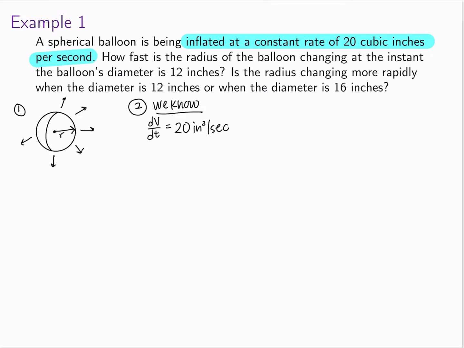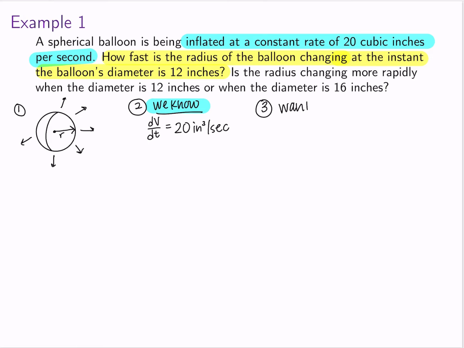Okay. What are we looking for? It says how fast is the radius of the balloon changing at the instant the balloon's diameter is 12 inches. Okay. So we'll go back and label things as we go.